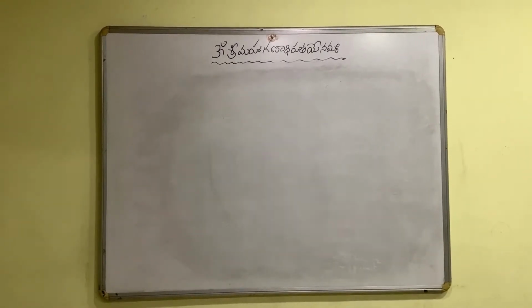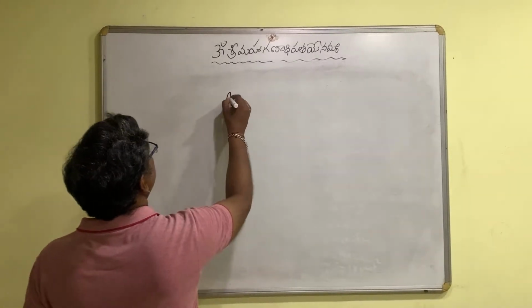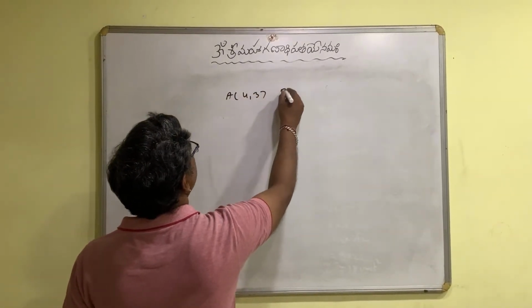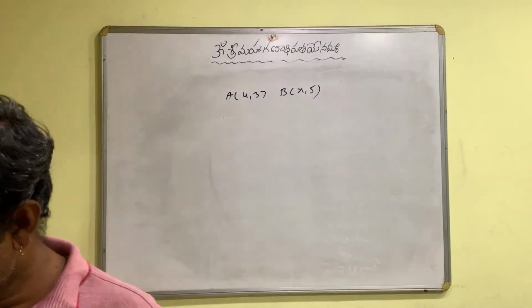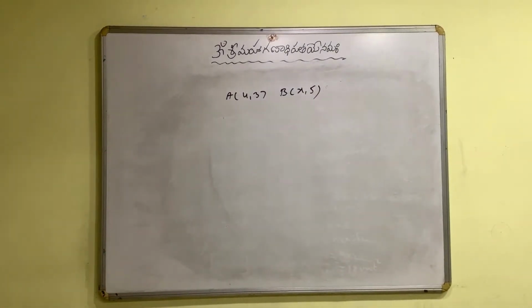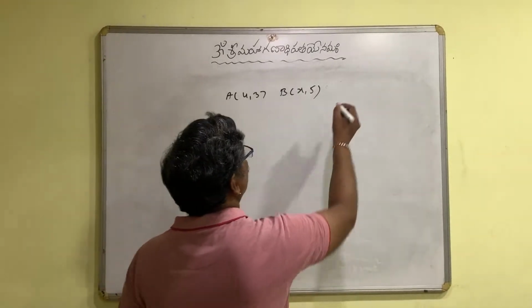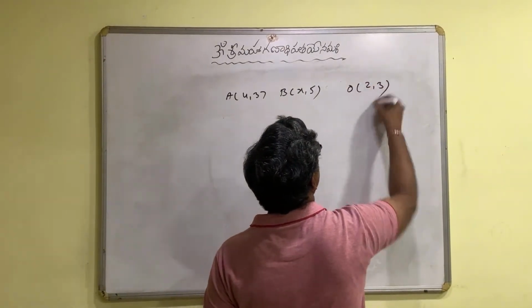If the points A (4, 3), B (x, 5), these 2 points lie on the circle with center O (2, 3).